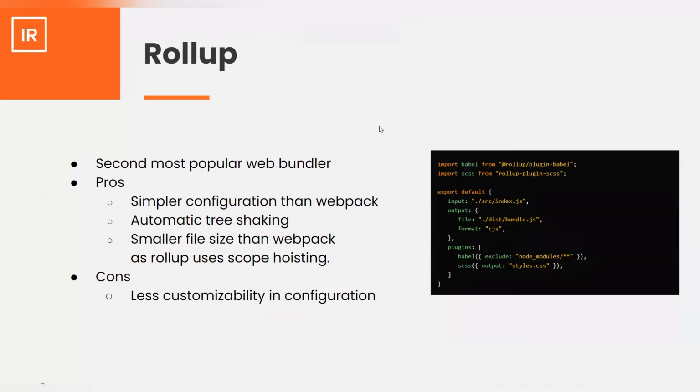So the next web bundler we're talking about will be Rollup. Rollup was created in 2018 by Rich Harris, who is the creator of Svelte, to build lean bundles of JavaScript libraries as efficiently as possible. This is done by taking advantage of the ES6 modules to analyze the code being imported and perform precise tree shaking.